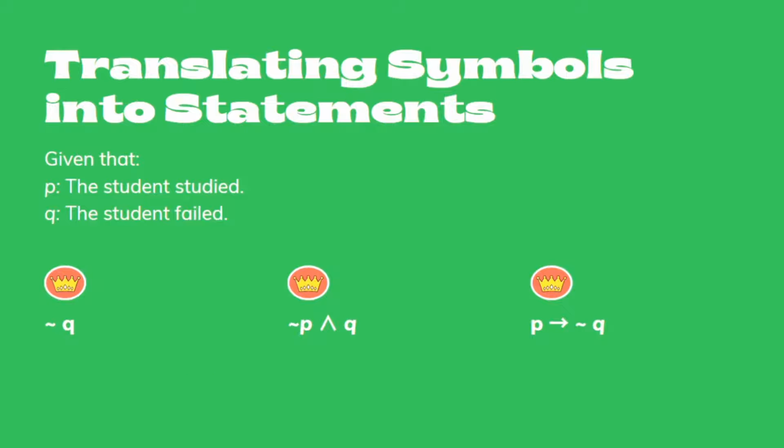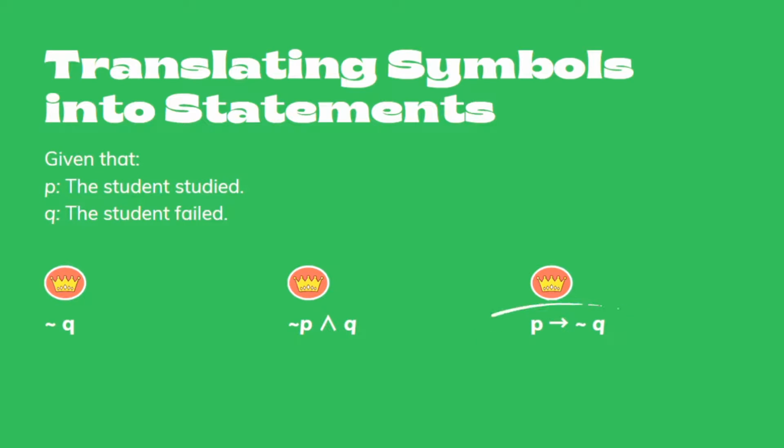Now, next is this symbol. Put it all together, given that not and and connective symbols are used, the statement would be the student did not study and the student failed. Next is this symbol.